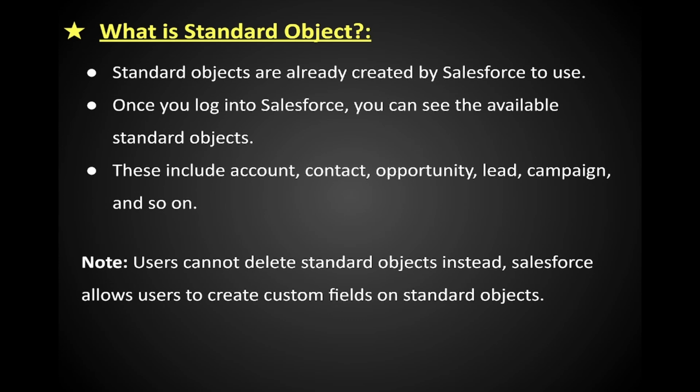In short, standard objects are like the default feature of Salesforce. You don't have to create them; they are already there. Same you can read it here: standard objects are already created by Salesforce to use.